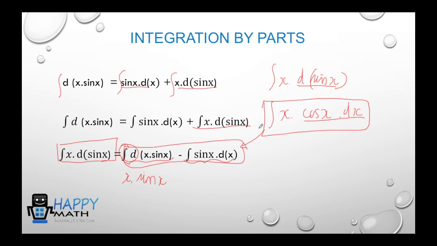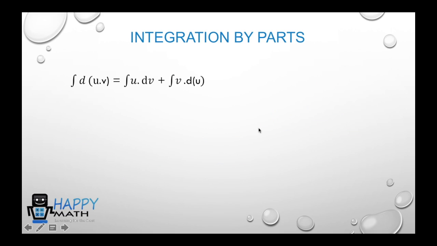To make it easier, I want to change this to the u and v explanation. When you take the differential of u times v, you first take u times dv, and second v times du.